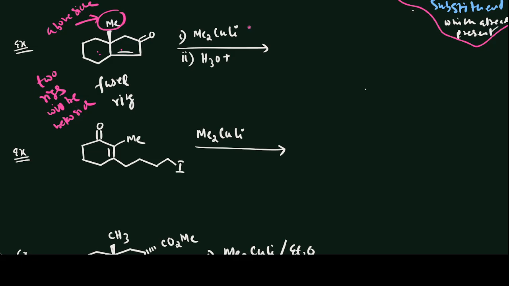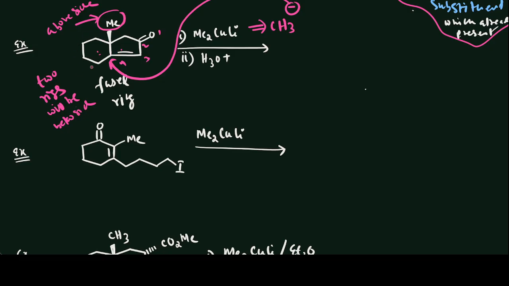Now here CH3 minus is there, and this CH3 minus will do a 1,4 conjugate addition. Where will it attack? It will attack here, because 1, 2, 3, 4, a 1,4 conjugate addition will happen by the Gilman reagent. But what will be the stereochemistry?